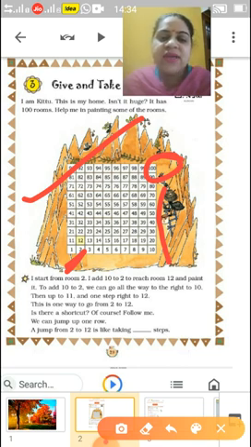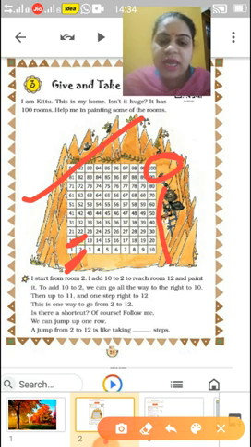I add 10 to 2 to reach room 12. So what did he add? He added 10 to reach 12. 2 plus 10 becomes 12, and paint it.